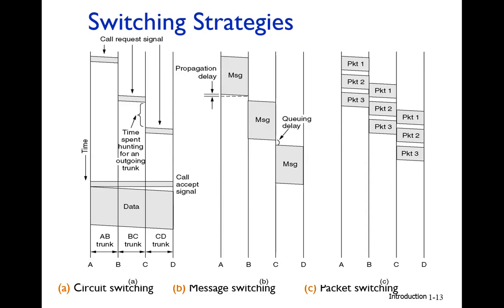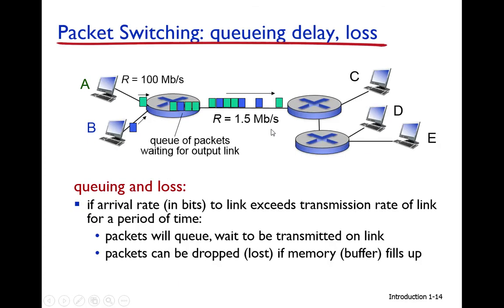So this is the working of circuit switching and packet switching. We have discussed in chapter number 1 that there can be packet loss and packet delay. Why? Because when a packet arrives at a router and the router buffer is full, then the packet will be lost.